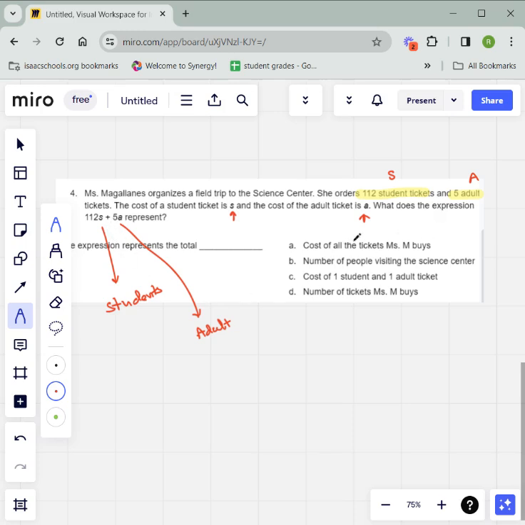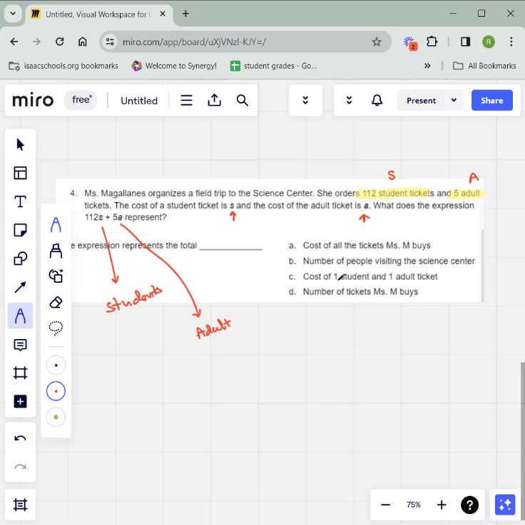So if you look at the options, cost of all tickets, or number of people visiting, or cost for one student and one adult, the number of tickets for S and A. But what are we looking for? Because right here, if you look at it, this is the total cost.